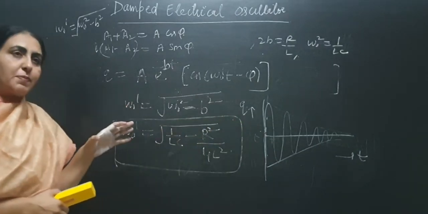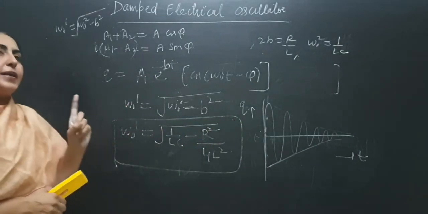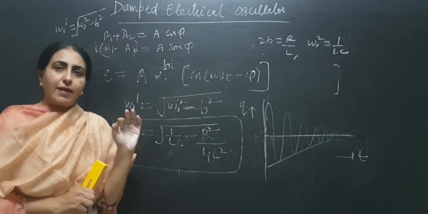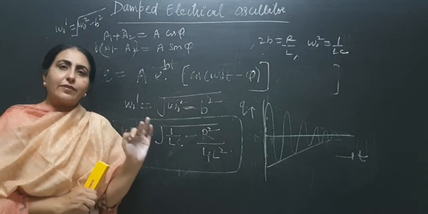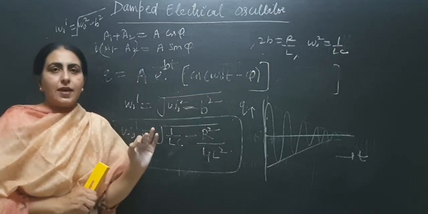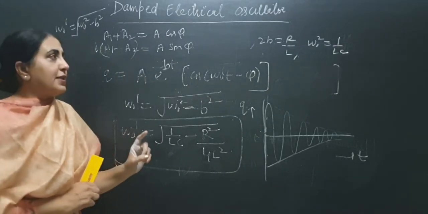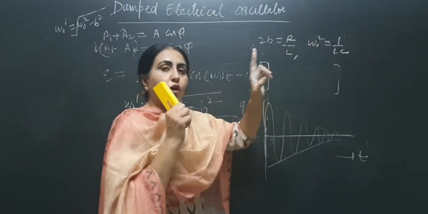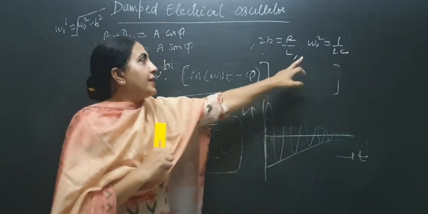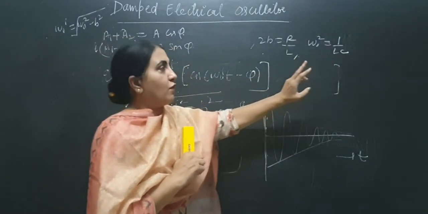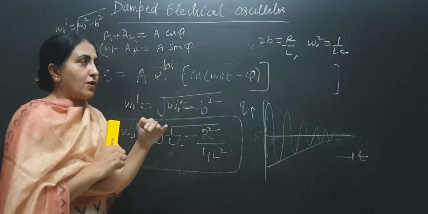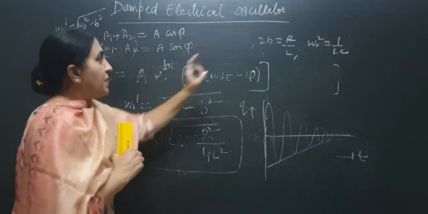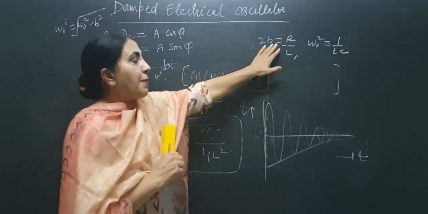So what is the difference between these two oscillators? In the mechanical oscillator we have inertia and elasticity, meaning M and S, and in the electrical oscillator we have L and C. In the undamped mechanical case omega naught square is S over M, and in this case 1 over LC. In the damped oscillator the one new term is b, the damping constant.